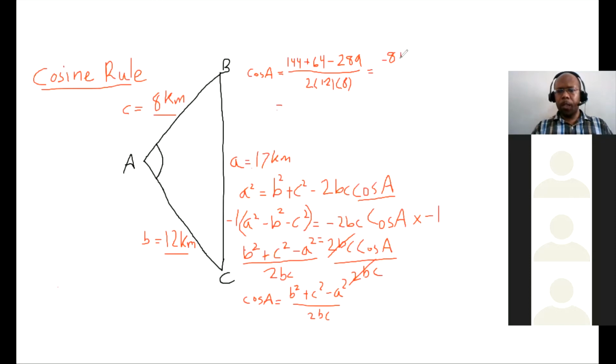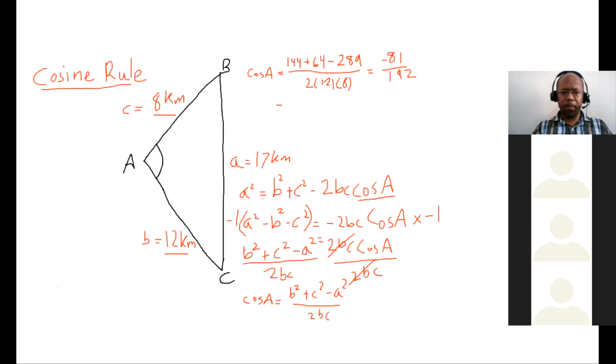Over, let's see here, 2 times, well, we know that 8 times 12 is 96. So 2 times 96 gives me 192. Now I just have to divide 81 by 192.